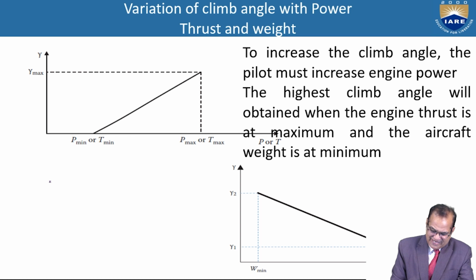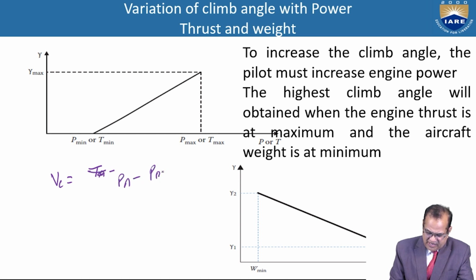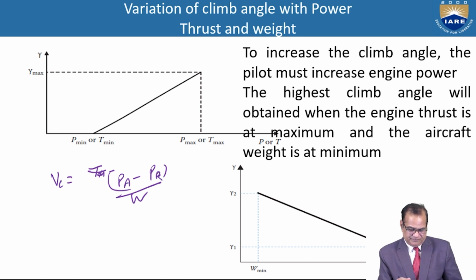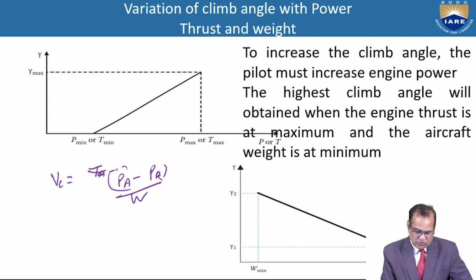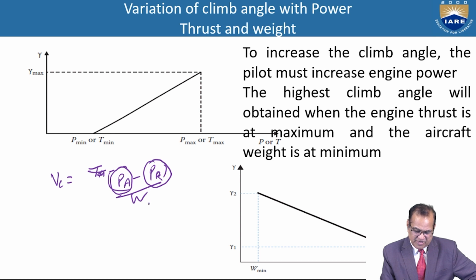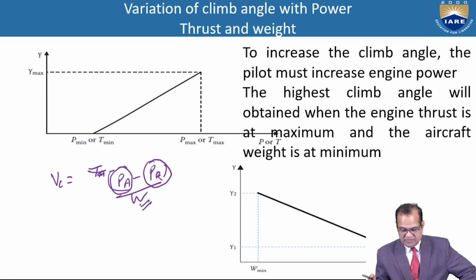So we can see that Vc is equal to (PA minus PR) divided by W. This is the excess power. So to have the maximum rate of climb, your power available in the engine should be maximum, PR should be the minimum, and the weight of the aircraft should be minimum.